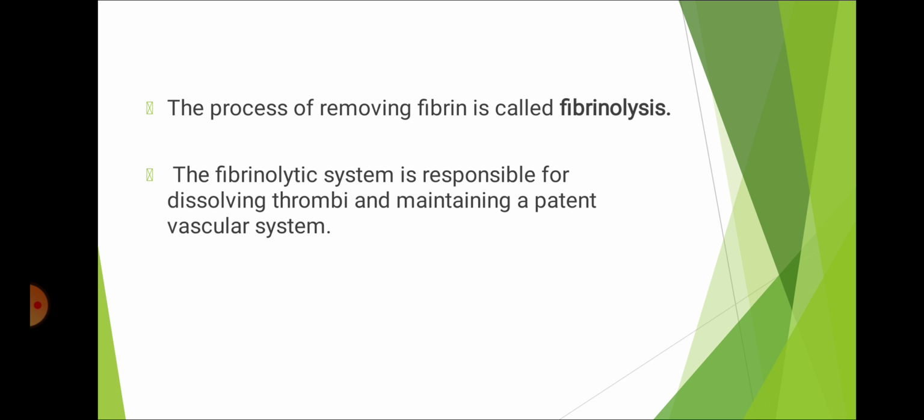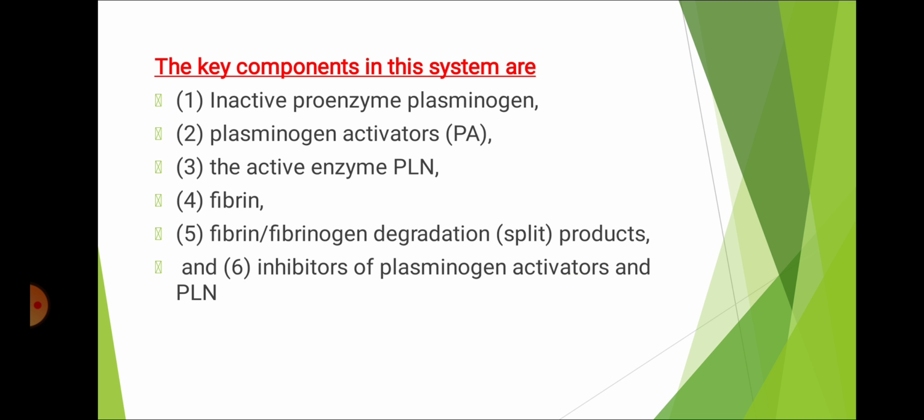The fibrinolytic system is responsible for dissolving thrombi and maintaining a patent vascular system. The key components in this system are the inactive proenzyme plasminogen, plasminogen activators, the enzyme plasmin, fibrin and fibrin degradation products, and inhibitors of plasminogen activators and plasmin.